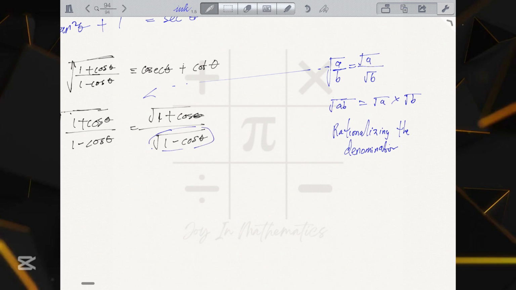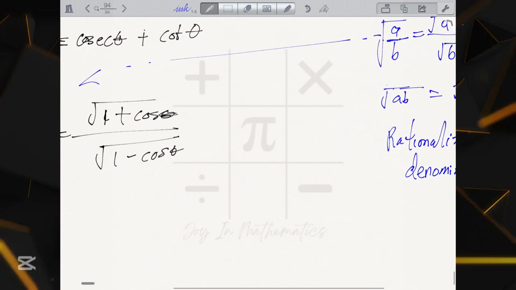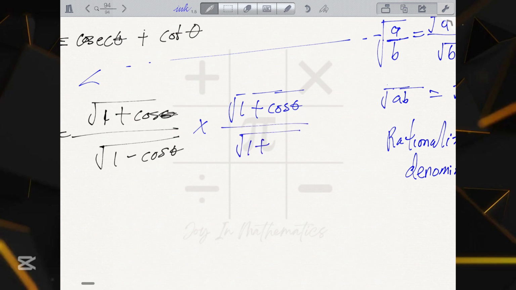The denominator here is root 1 minus cos theta, and the conjugate of 1 minus cos theta is 1 plus cos theta. So we'll multiply it by root 1 plus cos theta, and also multiply this by root 1 plus cos theta.